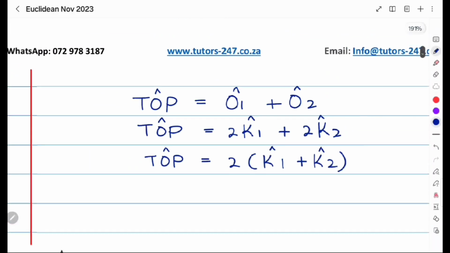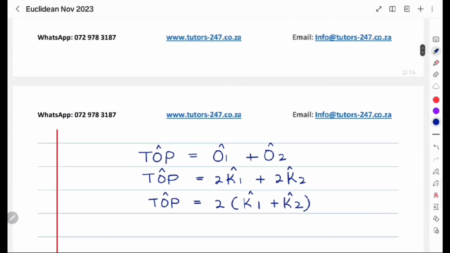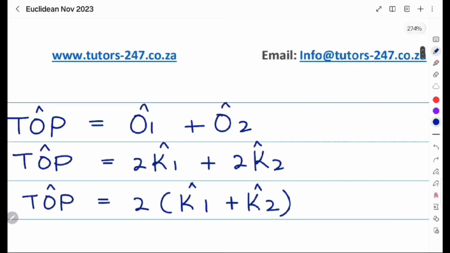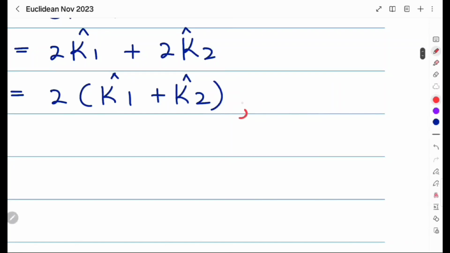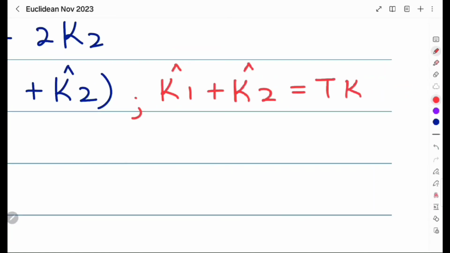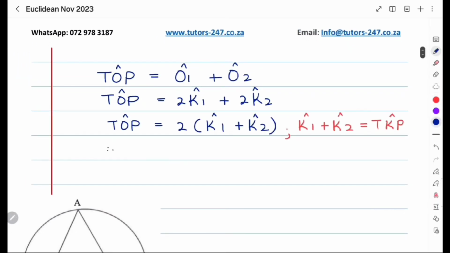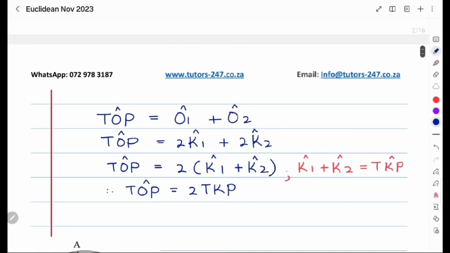Now, let's go back and have a look. What is the angle K2 and K1 equal to? So you can see that K1 and K2 form the whole of the angle K, or you can call it TKP. So in place of K1 and K2, we are going to put TKP. So take note that K1 plus K2 is equal to, so here we are just going to replace K1 and K2 with TKP, and that is it.